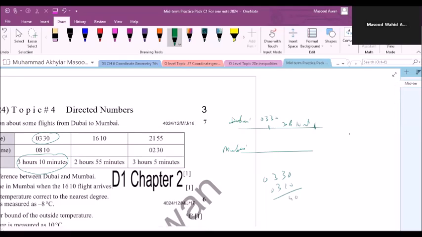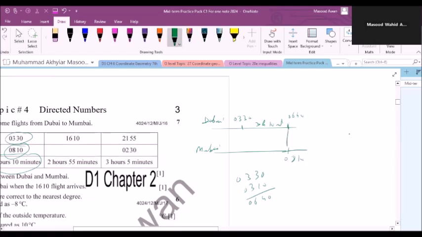We get 06:40. But we know the arrival time in Mumbai is 08:10. This is the exact time when both are equal. When it arrives at Mumbai, at that time in Dubai it is 6:40, and in Mumbai it is 8:10.